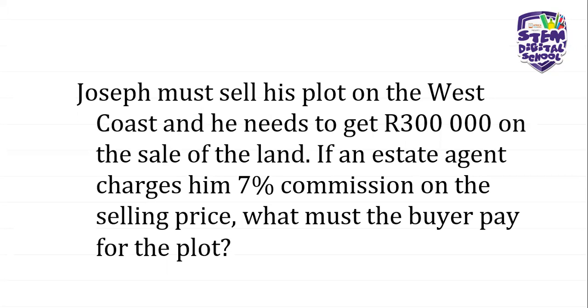And in this case, the estate agent requires a 7% commission fee on the selling price. So in other words, the commission will be 7% of the entire amount which will be sold. So in other words, once the 7% has been subtracted from the selling price, then we will be left with 300,000 rands.